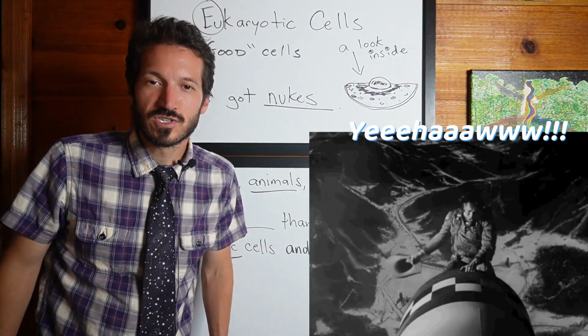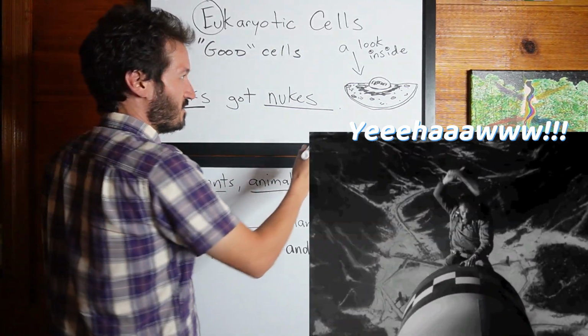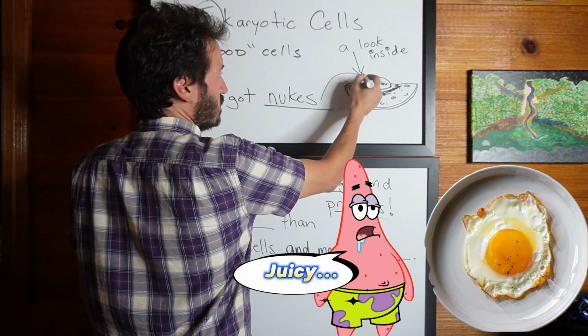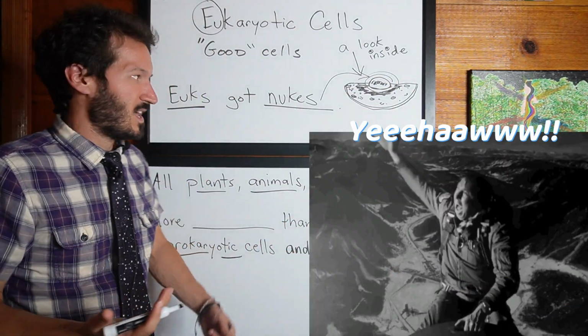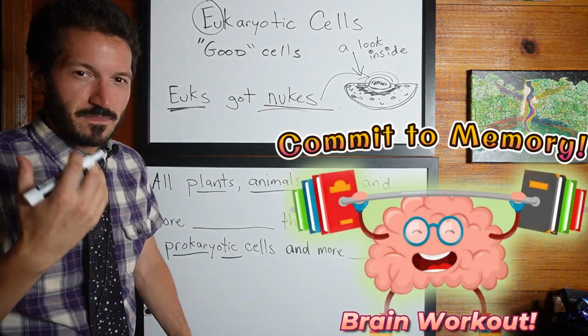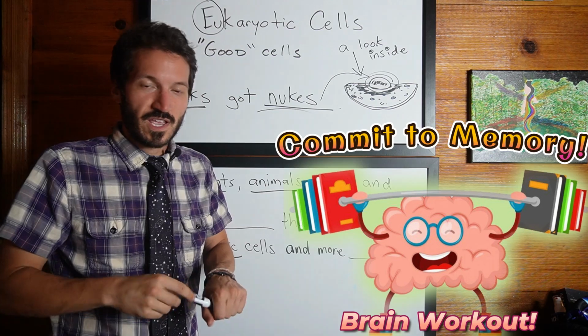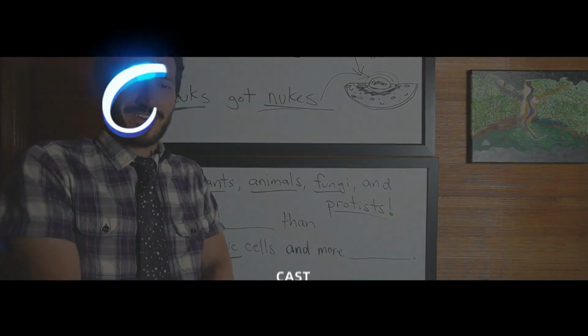So eukaryotes have, not the kind of nuke you're thinking of, but a big, juicy, fat nucleus, not a nuclear bomb. It's just a fun way to help remember that. Ukes got nukes. That's the main difference between prokaryotes and eukaryotic cells. Okay? And we can just end the video right there.